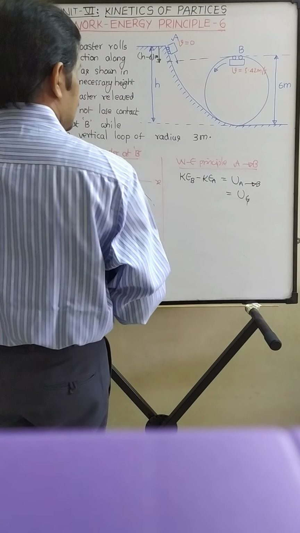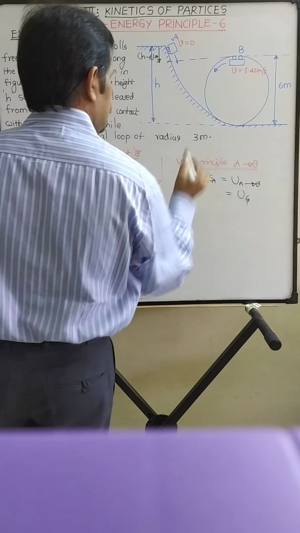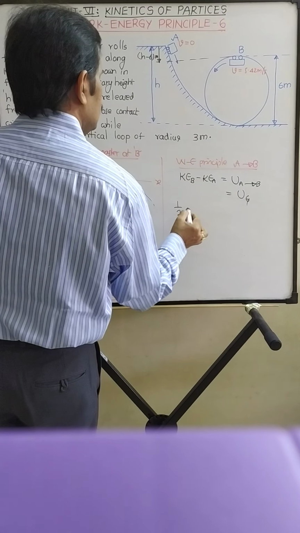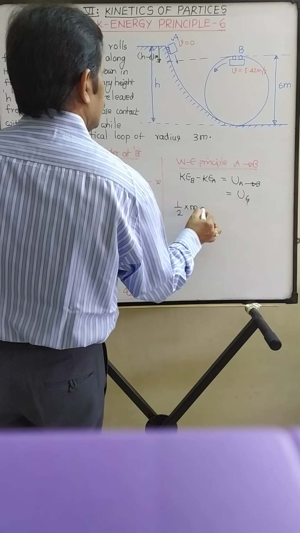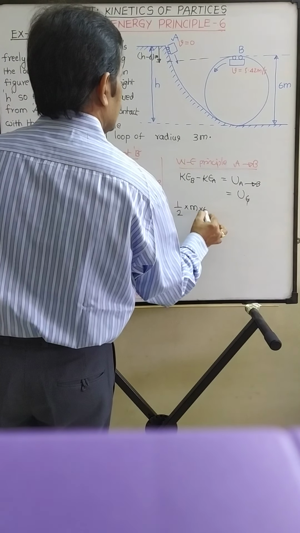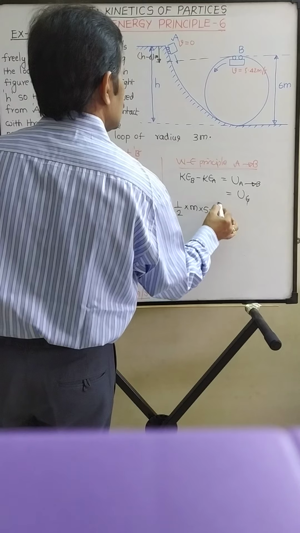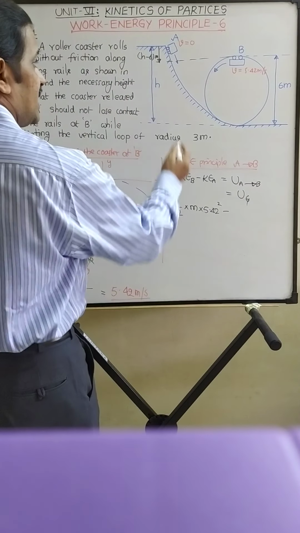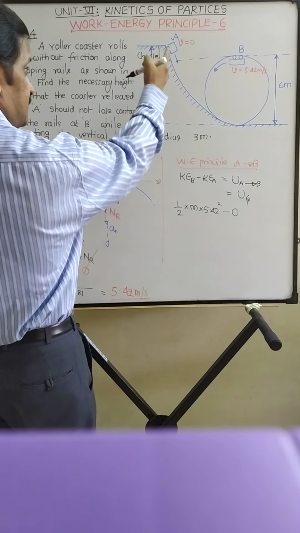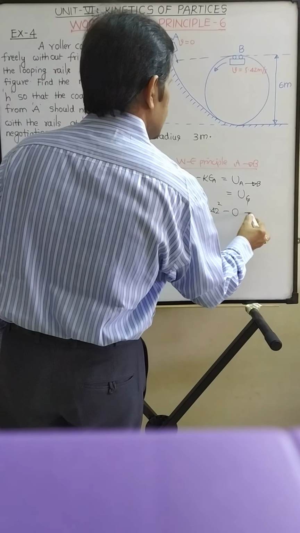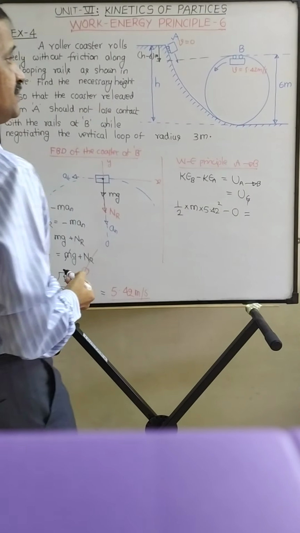Now what is kinetic energy at point B? Half into m into v square, that is 5.42 square, minus kinetic energy at A is 0, being velocity or speed at A is 0, is equal to work done by gravity.